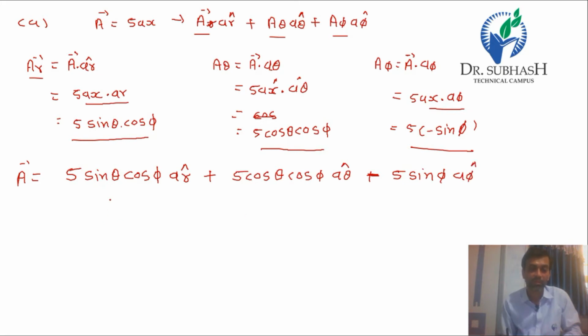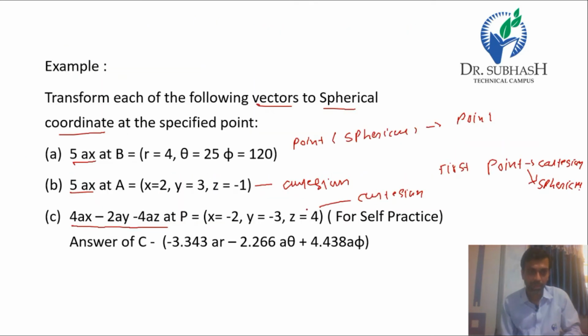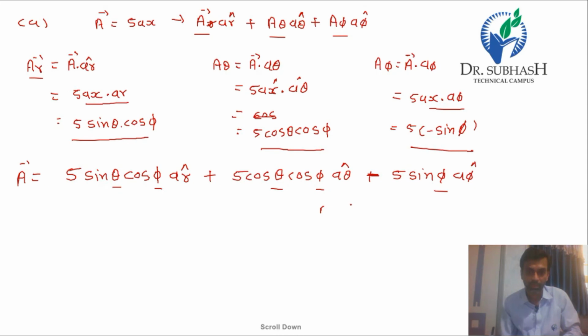Now at the given point we put the values of theta and phi. Here the given point is r equal to 4, theta equal to 25, and phi equal to 120 degrees. Let's put these values.